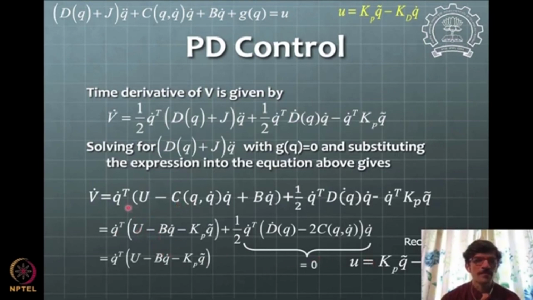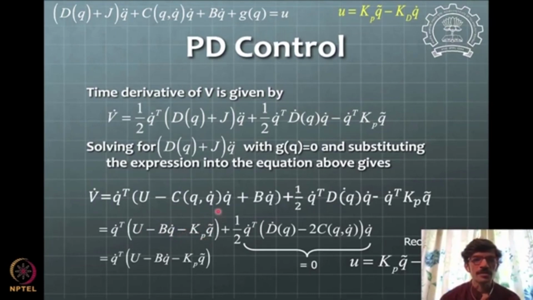We still have not used u here, u is kept as it is, and then the B q dot term and Kp q tilde.